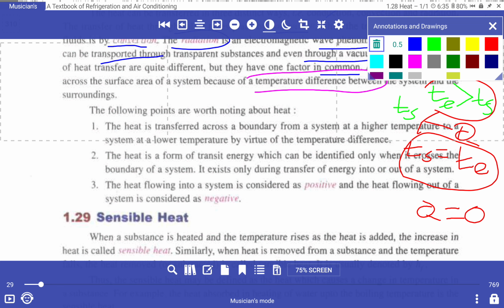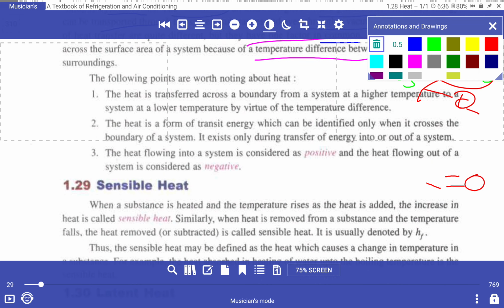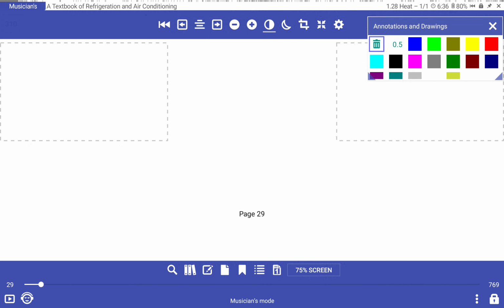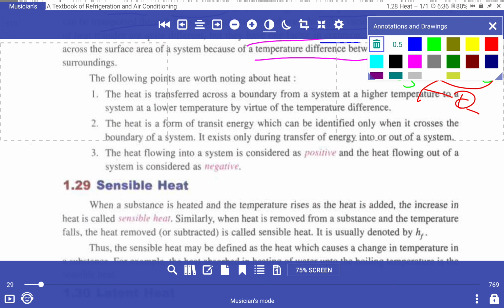Number two, the heat is a form of transit energy which can be identified only across the boundary of a system.